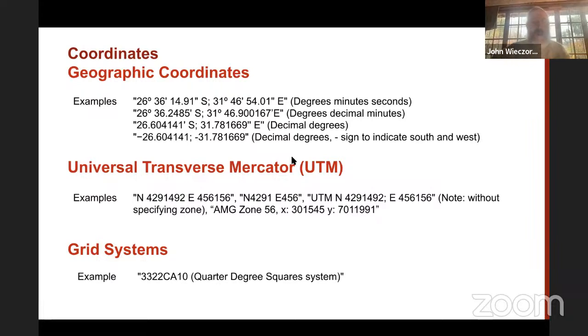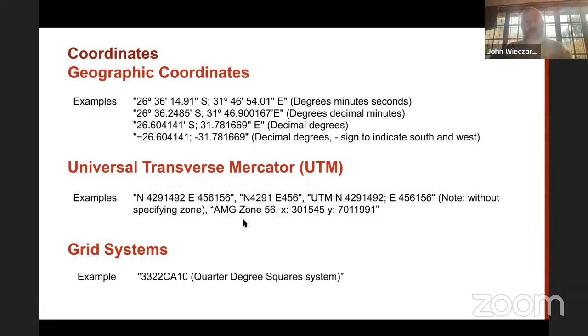So northings tend to be 7 numbers long, and eastings tend to be 6 numbers long, as they are in meters. But there are tricks. Sometimes when the precision is less, numbers are truncated. So if you look at the second example, the N4291 and the E456, this is a universal transverse Mercator number where they're only giving you the nearest kilometer.